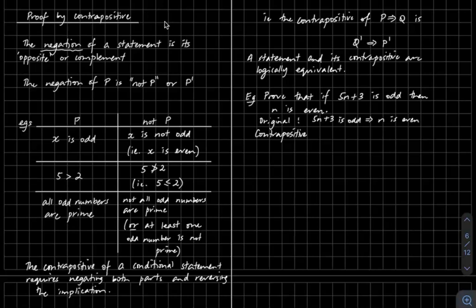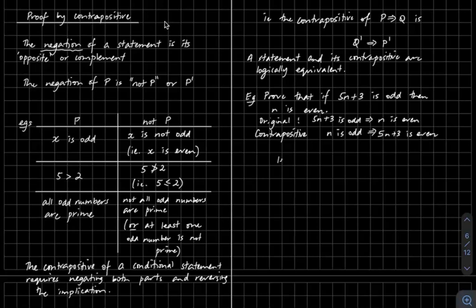So the contrapositive would be, well, let's take the second part and negate it first. So n is not even, or in other words, n is odd, implies, and take the 5n plus 3 and negate it. 5n plus 3 is odd, its negation would be 5n plus 3 is even. Now that's a much easier thing to prove, that if n is odd, then 5n plus 3 is even.